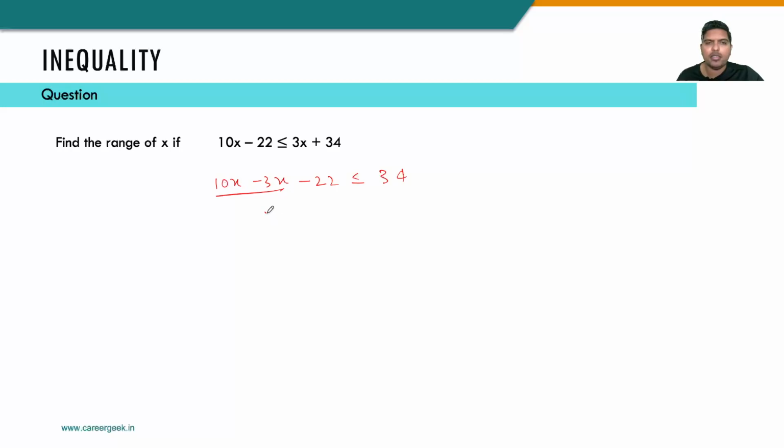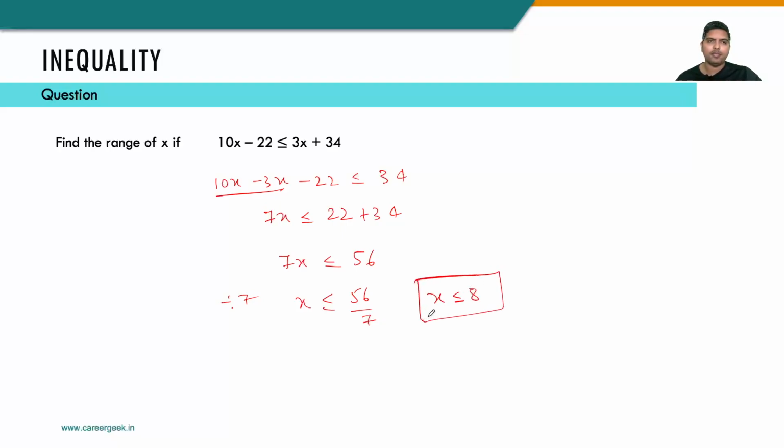So 10x minus 3x is 7x is less than 22 plus 34. So 7x is less than or equal to 56. Now you divide by 7, a positive value, nothing changes. So the solution is x is less than or equal to 8. Straightforward.